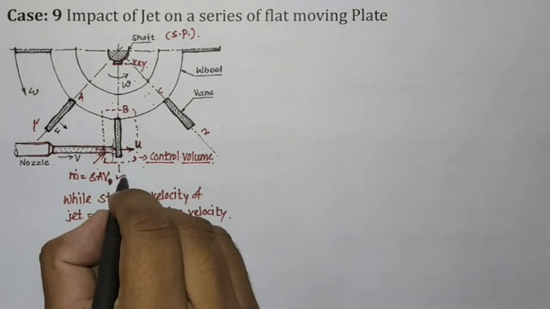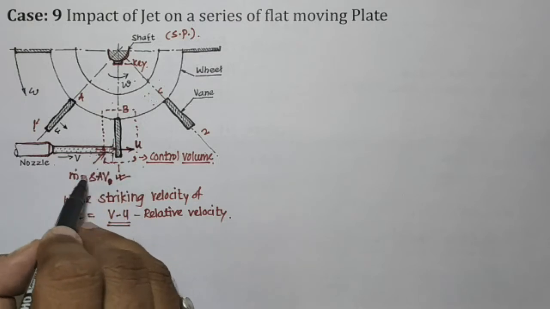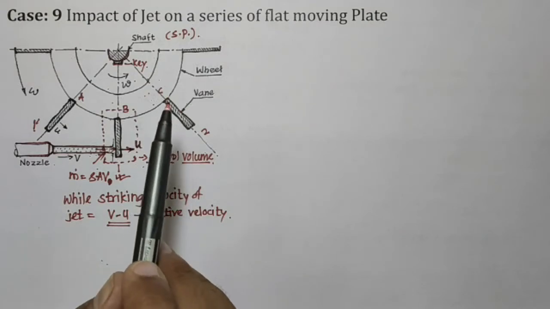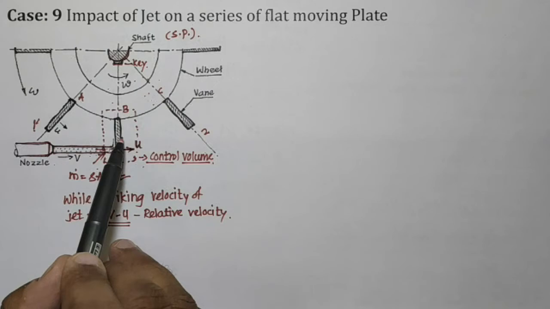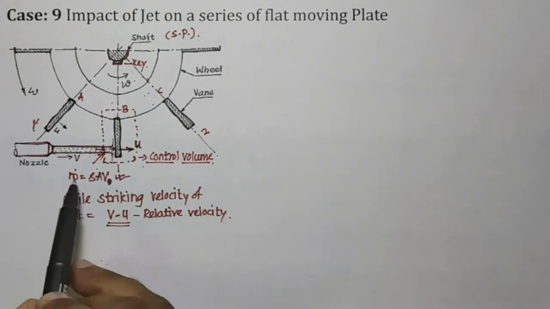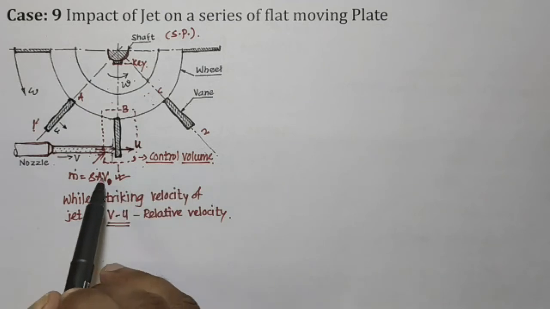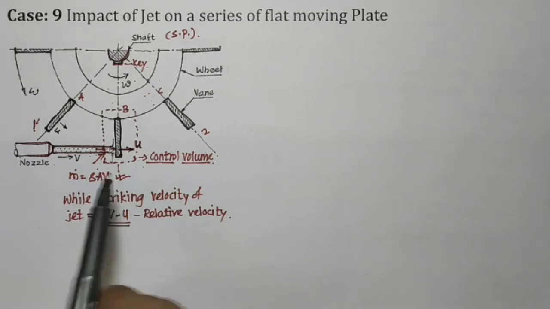Okay, so here we have to consider mass flow rate as rho a v. While entering this control volume, this mass flow rate will remain constant. In the previous case of a flat plate, instead of a series of flat plates, we had a single plate. At that time, the control volume itself was moving. That's why we considered the mass flow rate entering that moving control volume as rho a (v minus u). At that time, instead of v only, we considered v minus u as the relative velocity to find that mass flow rate.